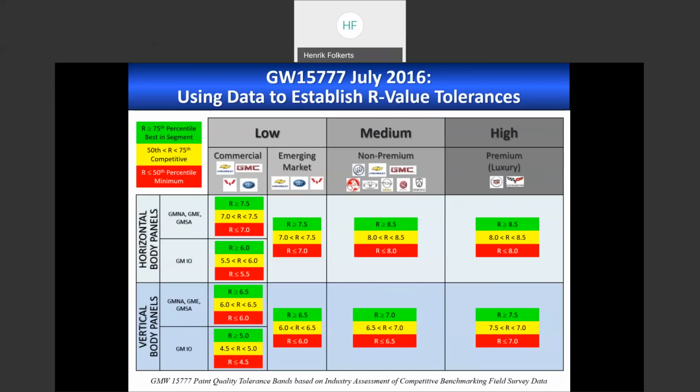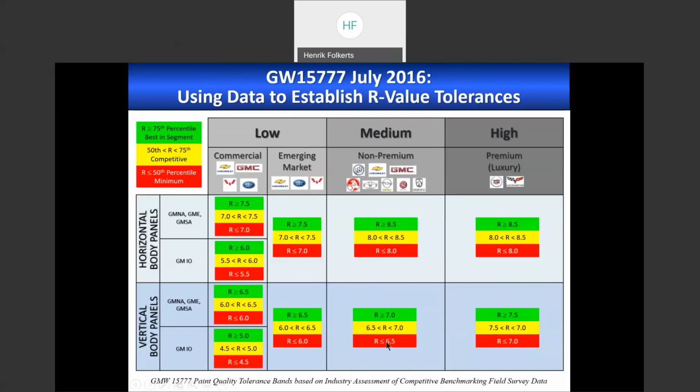So here's just an idea of the specifications for the GM products. There's low, medium, and high. These might have been modified slightly since I put this presentation together, but the idea is that you want to be in the 75th percentile of the best in segment, and that's these green numbers.